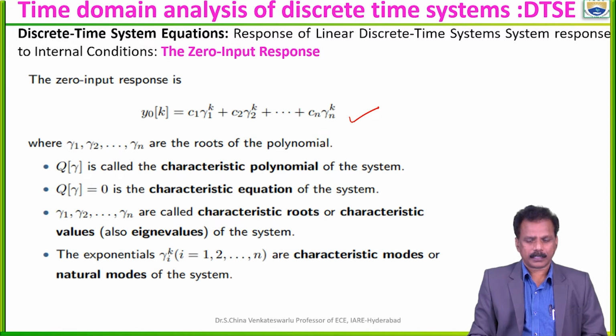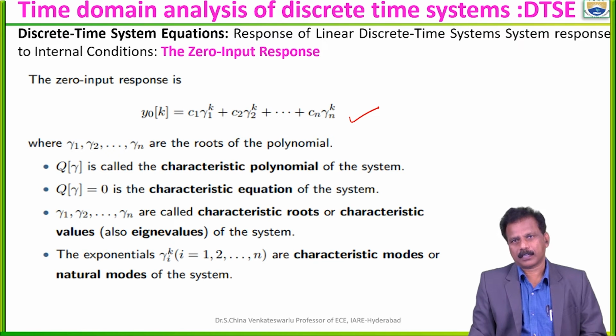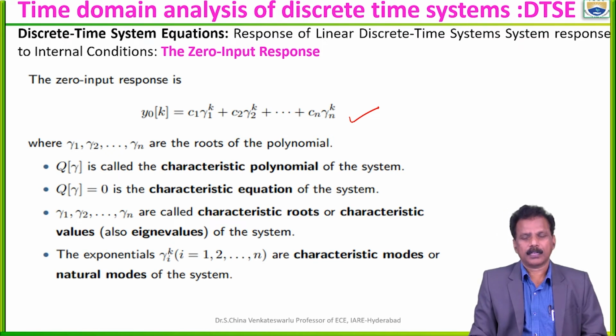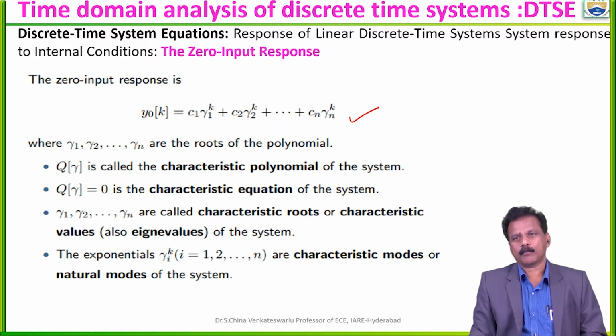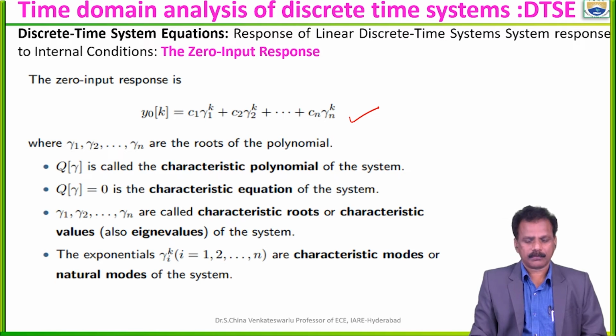The roots of the characteristic equation are called characteristic roots or characteristic values, or we can also consider them eigenvalues of the system. The exponentials gamma_i^k, where i is 1, 2, 3, and so on up to n, are the characteristic modes, or natural modes, of the system.